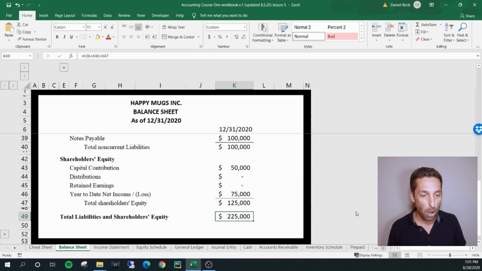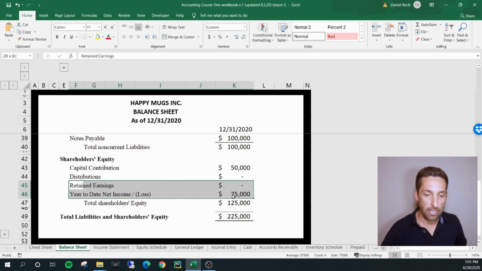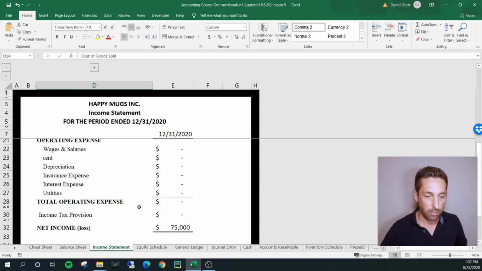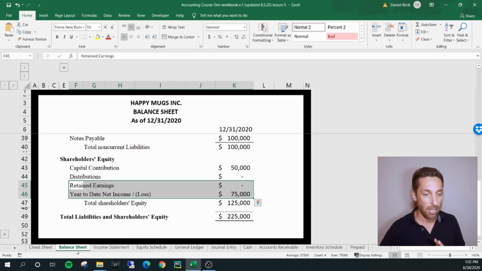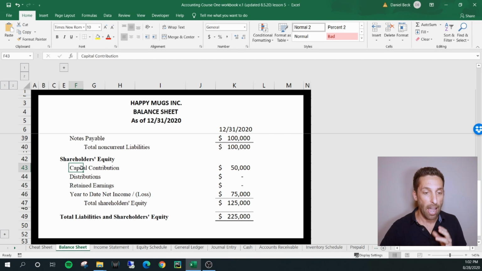Well, one component of shareholders' equity is your retained earnings section. That pulls in the balance from your net income. Now, this might get kind of complicated and this might take a while to digest. But basically, what we're saying is that the equity of our business has increased by $75,000 because we've made a sale.